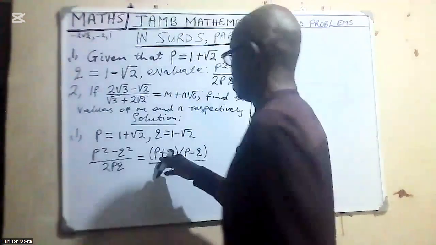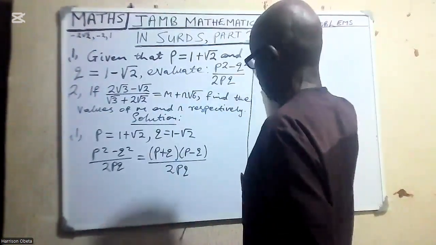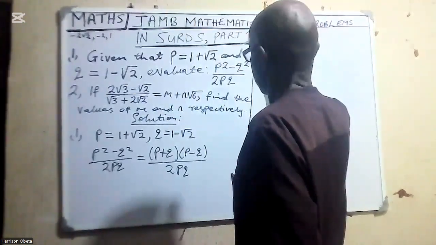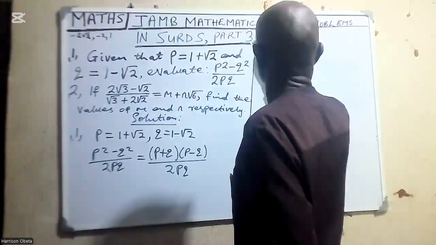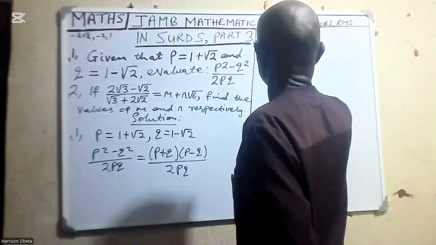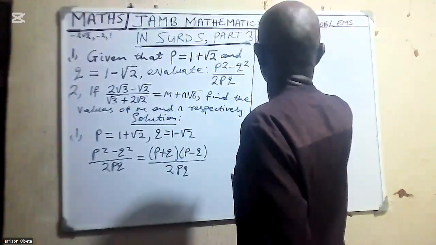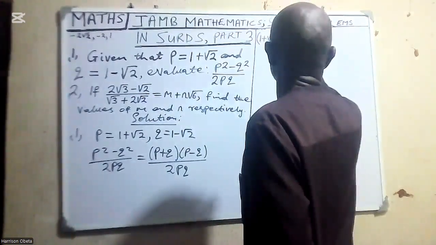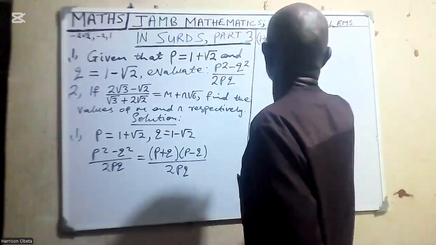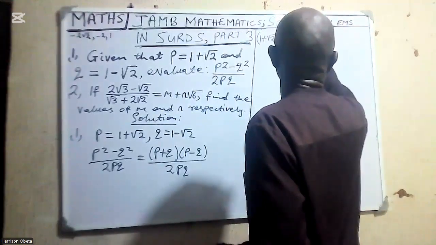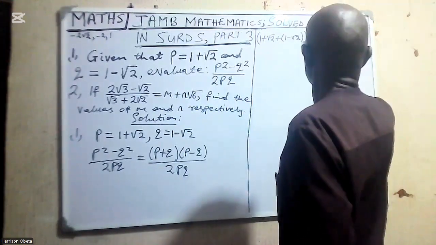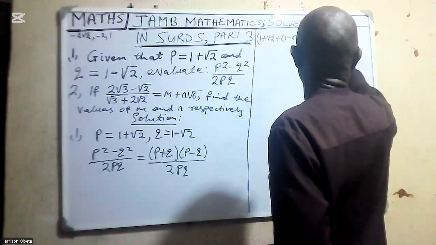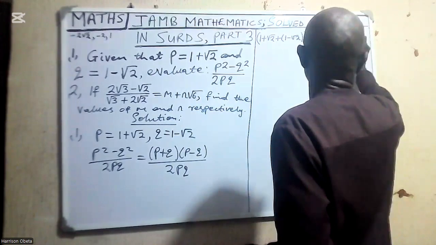So coming over here, you substitute the values, and that will give us brackets 1 plus root 2 plus brackets 1 minus root 2, into 1 plus root 2 minus brackets 1 minus root 2.